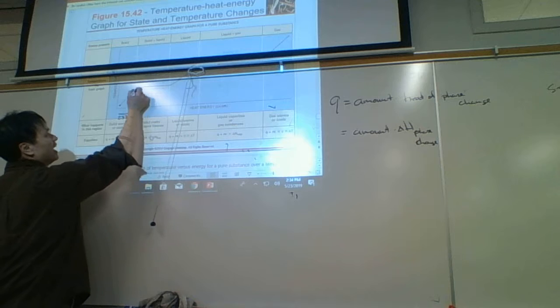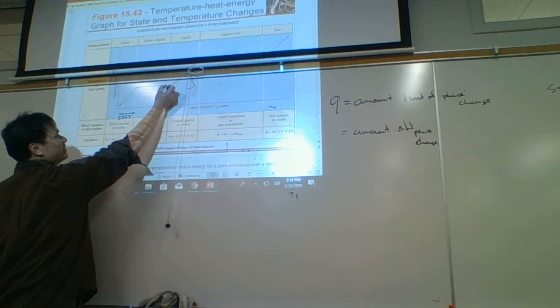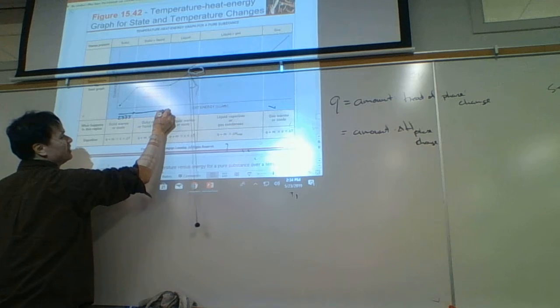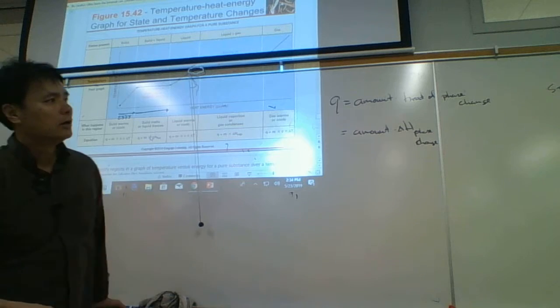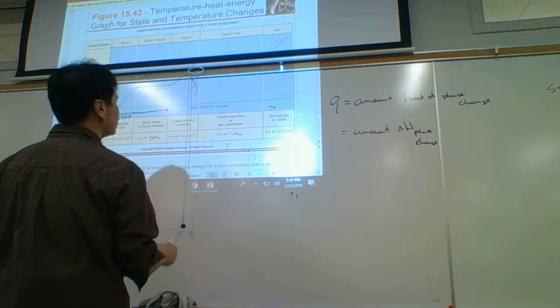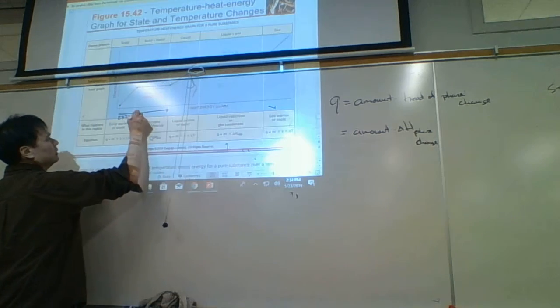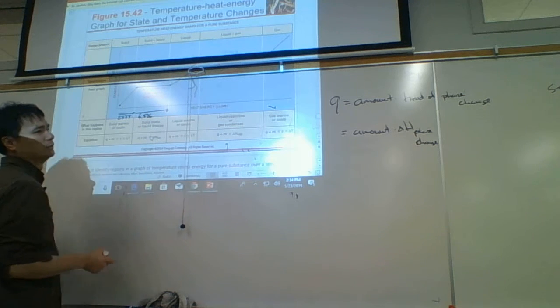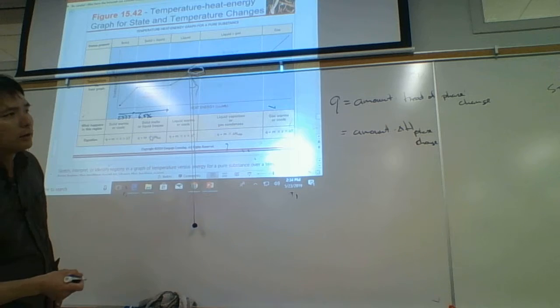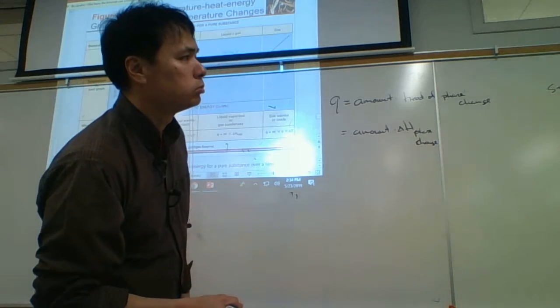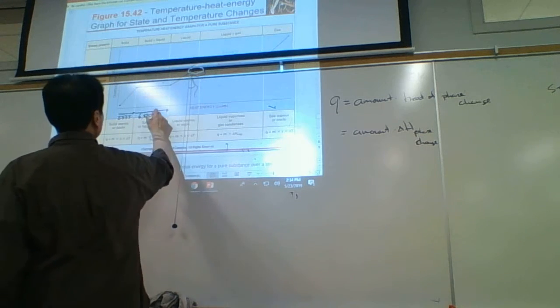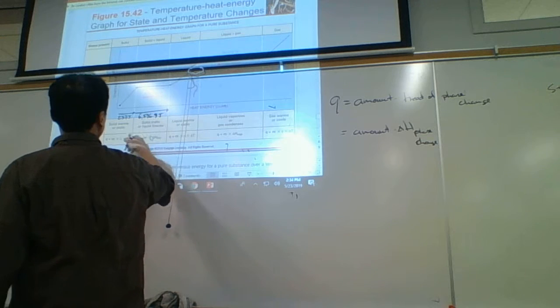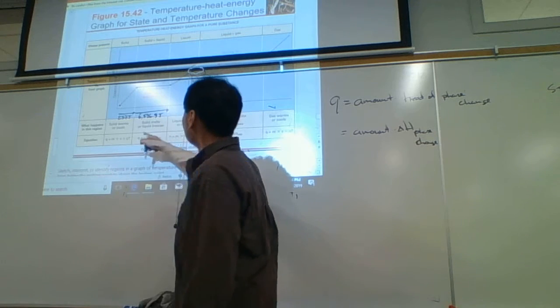And then to melt the ice from here to here, to completely melt the ice, is going to cost 6,527 joules. 26.8 joules. Okay, so that's step one.